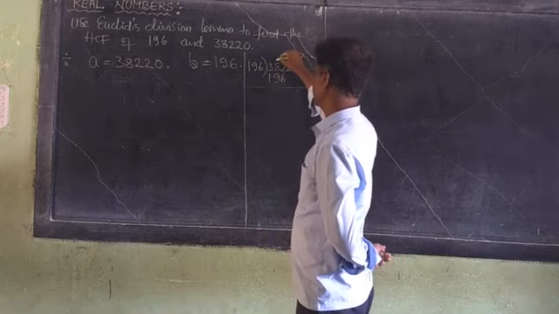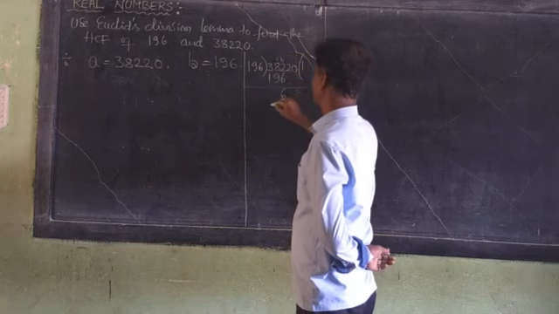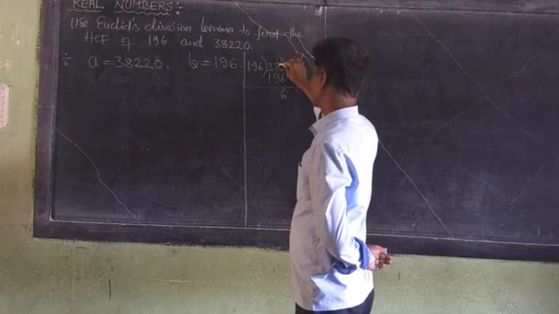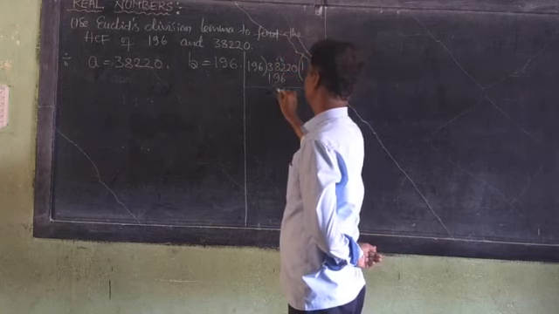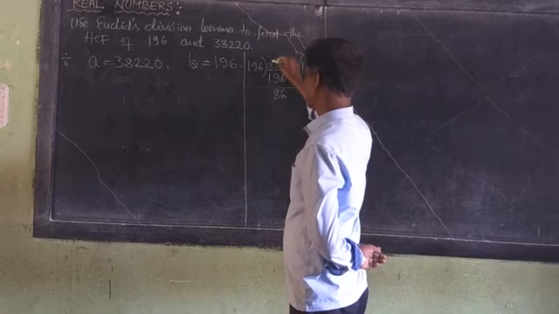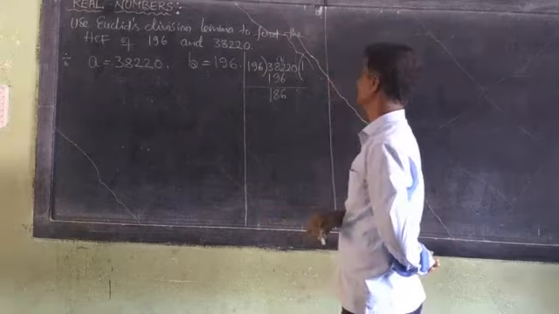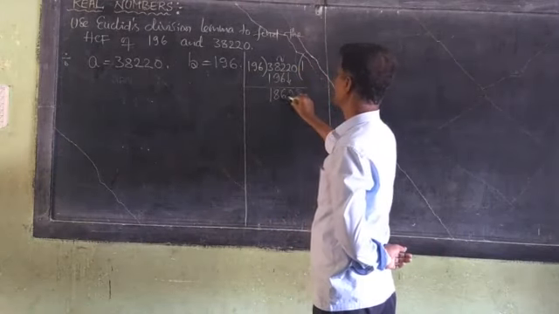Here we have to borrow: 12 minus 6 is 6, 17 minus 9 is 8, and 2 minus 1 is 1, giving 186. The remainder is 186. We have to take the next number here, 2.